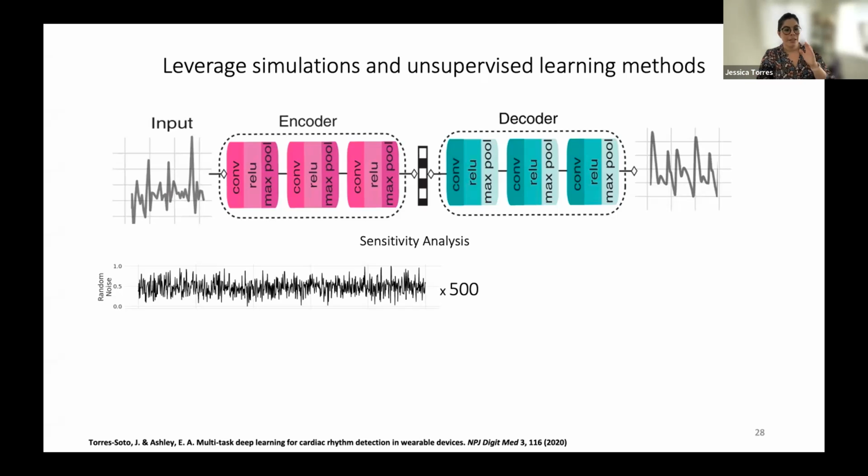So here what we did was I just generated random Gaussian noise. And we don't want to throw this random noise into our trained model and then it produce these wonderful peaks and valleys that look like true signal when actually it's not there, because that would be quite dangerous.